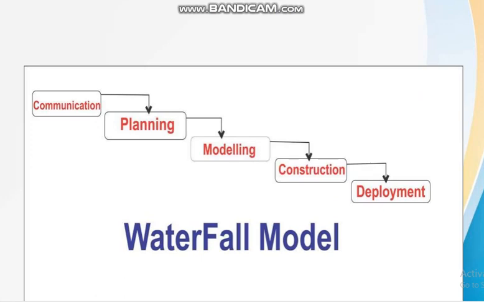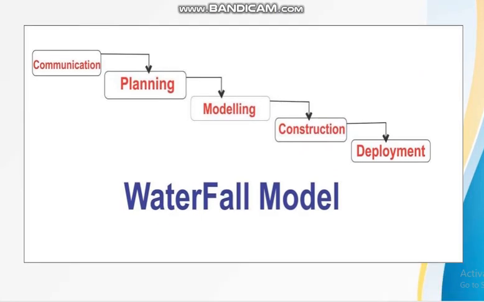We are seeing here the waterfall model. The waterfall model is basically a model to construct software. We have already seen the basic steps: planning, modeling, construction, and the last step is deployment.